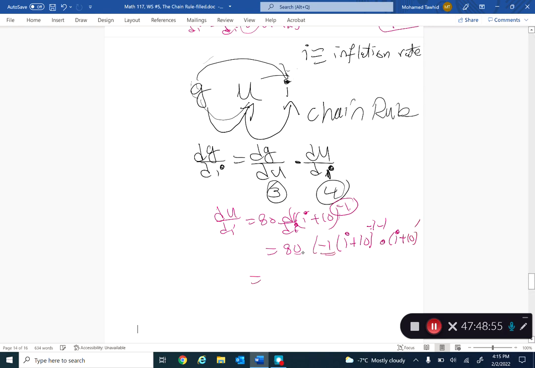So negative 1 multiplied by 80, you get negative 80, I plus 10 to the power negative 2. Negative 1 minus 1, you get negative 2. Now, what is the derivative of I plus 10? What is the derivative of 10? 0. Very good. Why? Because it's a constant. And then, what is the derivative of I with respect to I? It is 1.